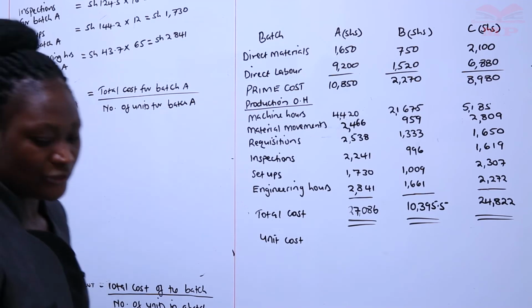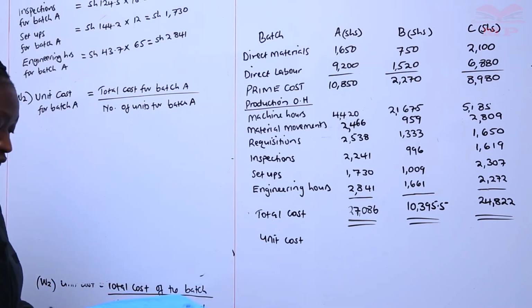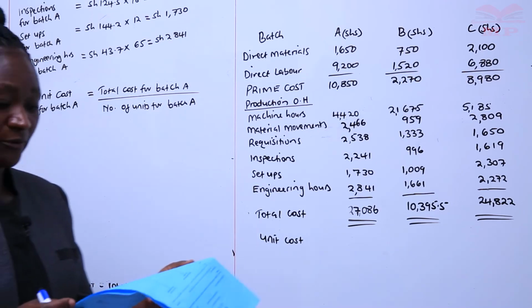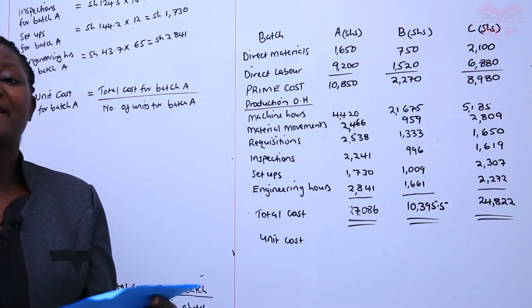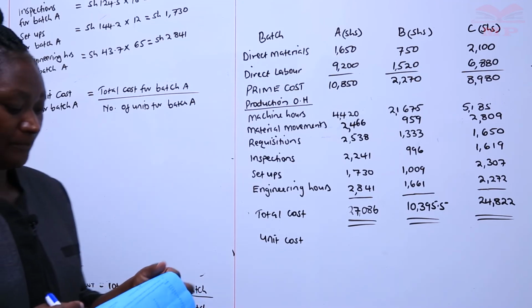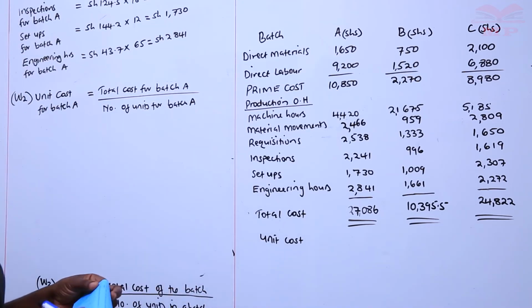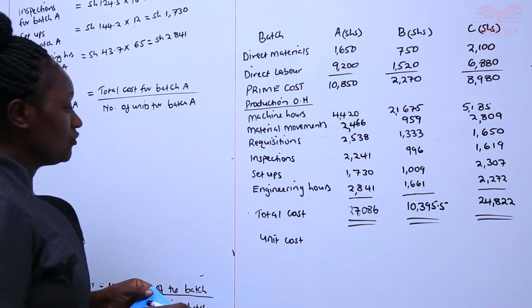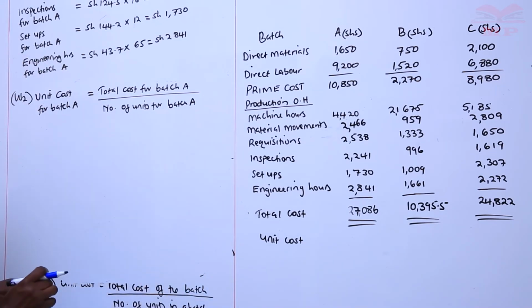So under the introduction to question number 2, that's part B of it, we were told that the following details have been recorded for 4 batches made in the month of June 2021. The batches given were A, B, C, and D, and the output in units for batch A was 250 units.